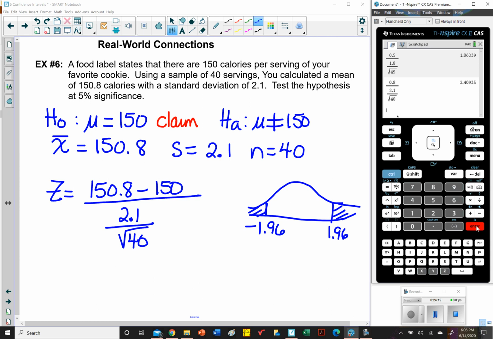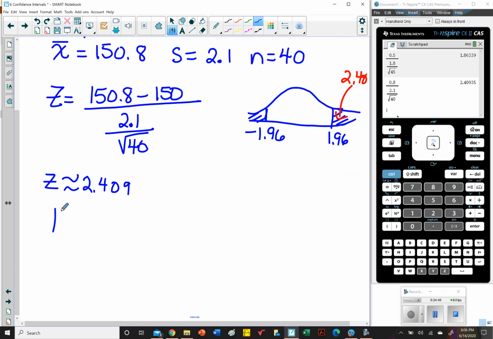And that's 2.4. So in this case, our value falls over here, 2.4, within that shaded region. So we have to reject the H0, or the null hypothesis.